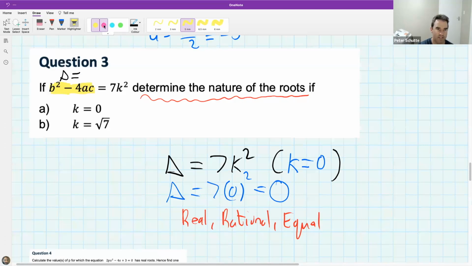Okay, now, using that same type of question, I want you to do the case where k is root 7. What are the nature of the roots for b?